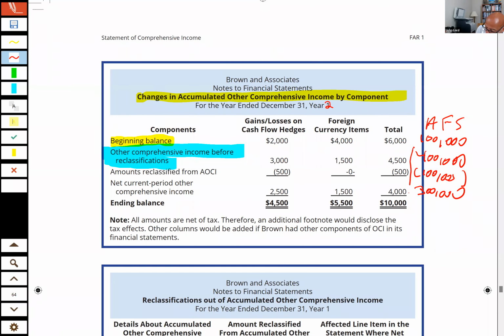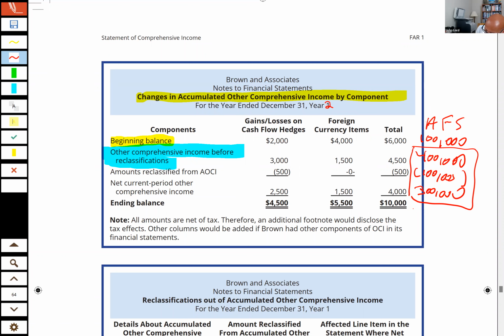Okay, so when you look at this part right here, notice that disclosure now explains to the users what happened. We had 400,000, but then we reclassed some out, and so we netted out to 300,000, didn't we? And you can see that right here because of this disclosure.